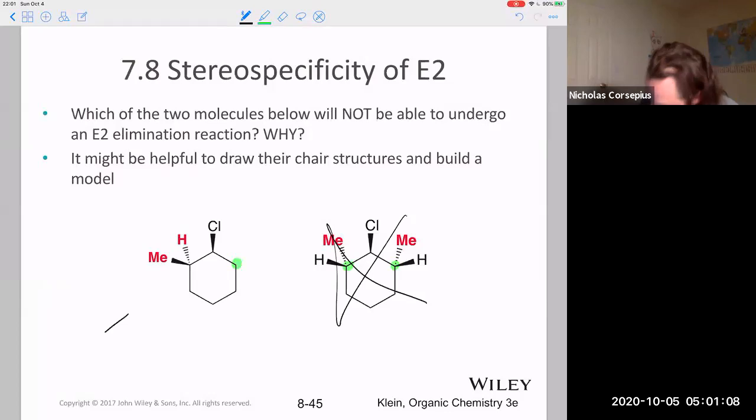Okay, and so let's just go for it here. Show what I mean. We want the chlorine to be in the axial position for this to happen. All right, that means that that methyl group is in the equatorial, and you have a hydrogen down there, right?